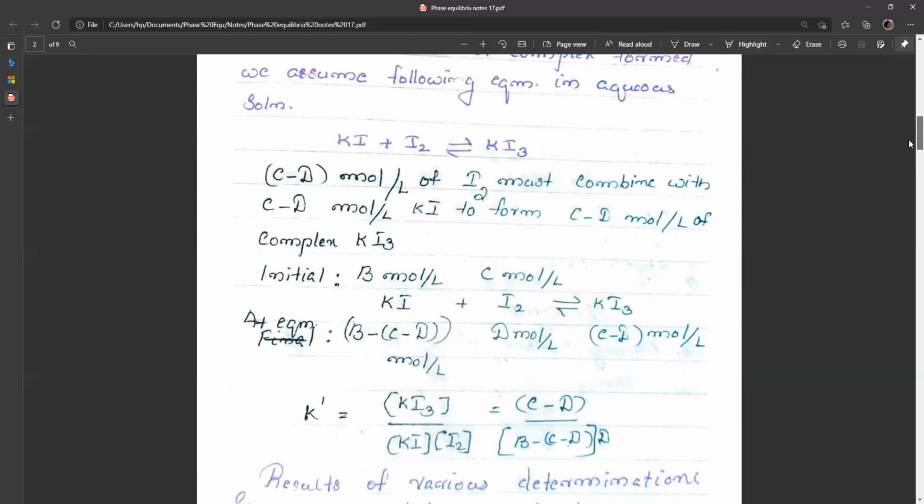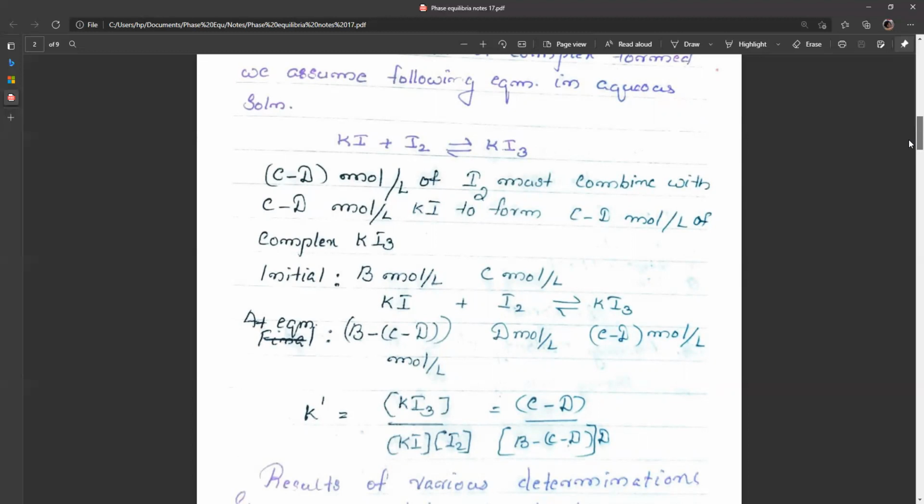After attaining equilibrium, C minus D moles of potassium iodide have reacted, so B minus (C minus D) moles of potassium iodide remain, D mole of iodine is free, and C minus D mole of KI3 is formed.